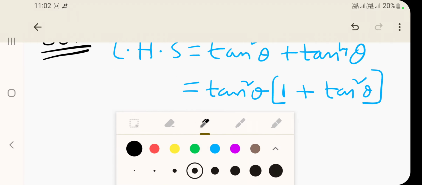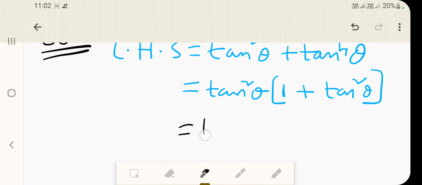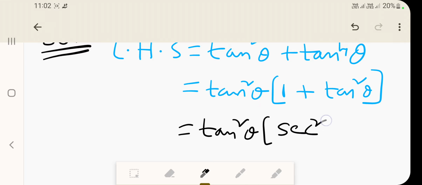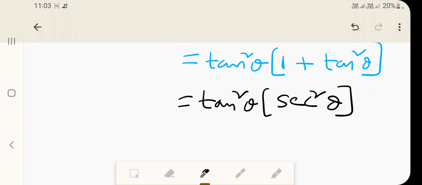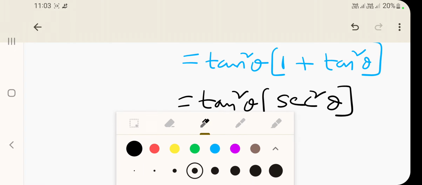Okay, right. So now we know that 1 plus tan square theta, just in the beginning of the video we have seen, 1 plus tan square theta is how much? Secant square theta, right? So we have tan square theta into secant square theta.